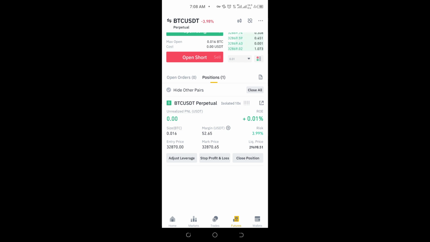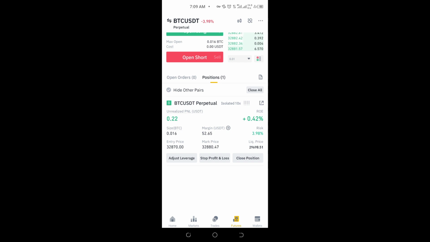So you see on your right hand side the percentage, the return on investment, and on your left hand side you have the value in dollars. You can see the size of the position, 0.016 BTC.